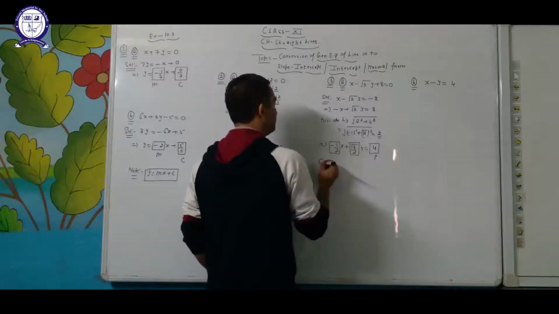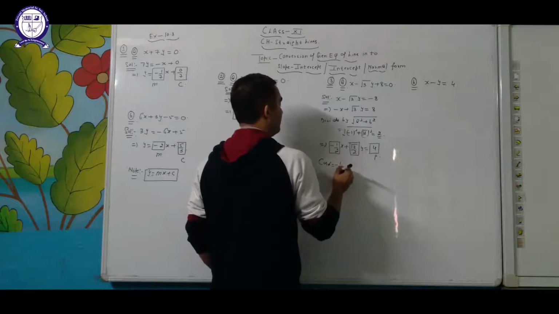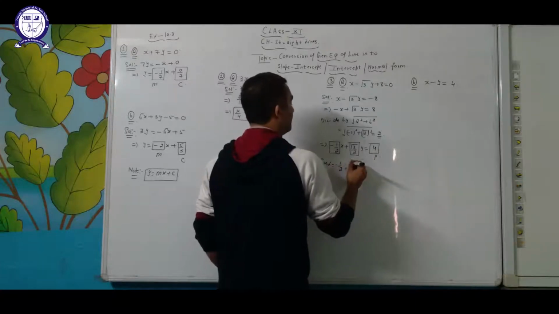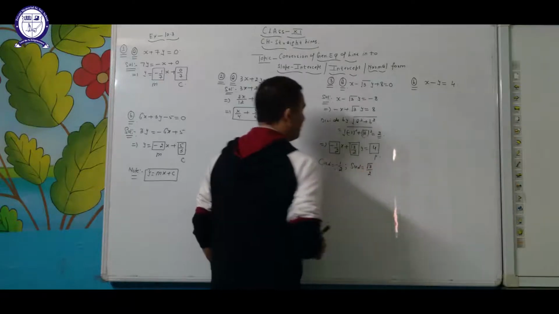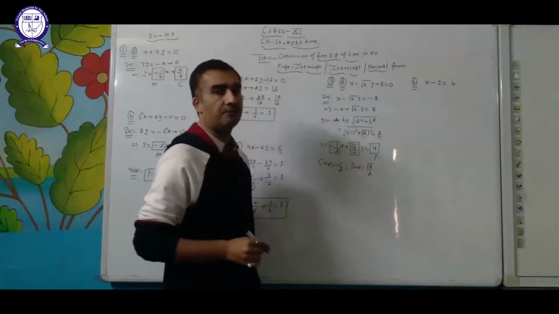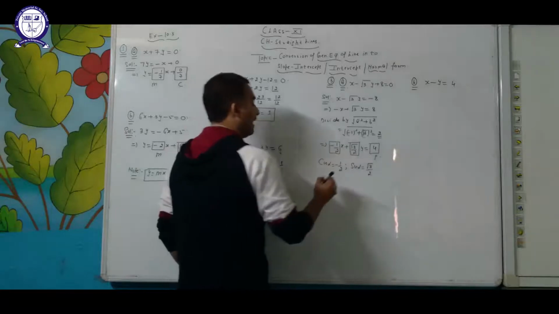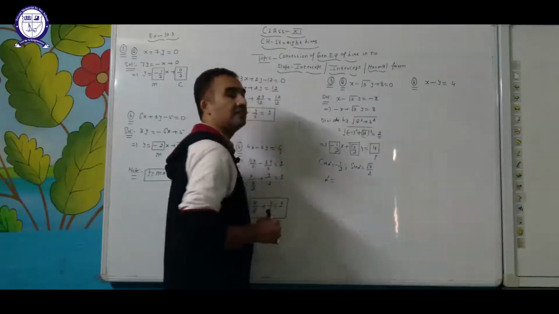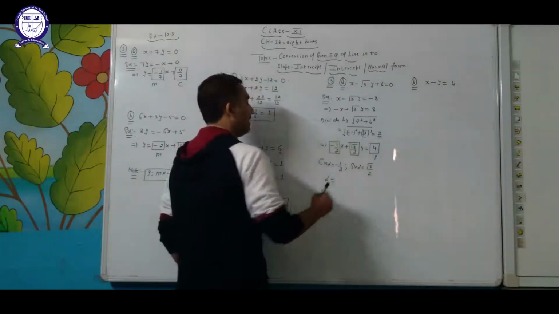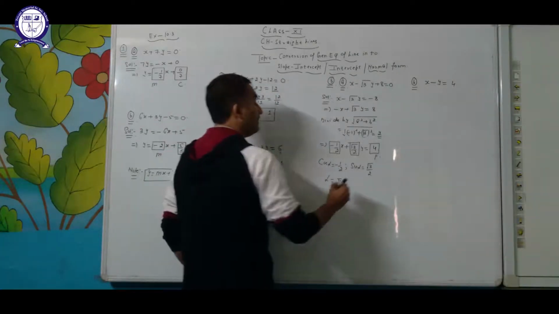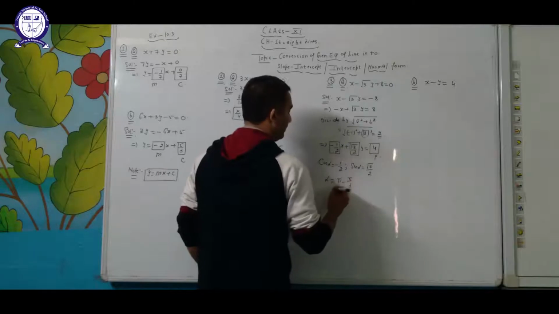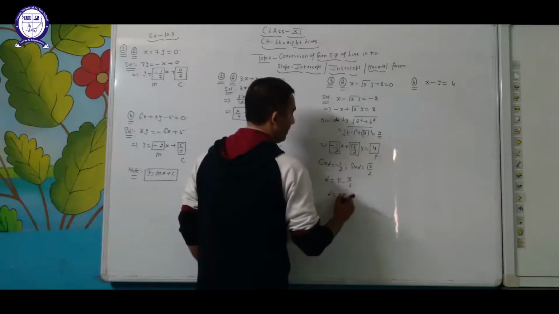That means cos alpha is equal to minus 1 by 2, sin alpha is equal to root 3 by 2. As you can see, cos is negative and sin is positive. That means alpha lies in the second quadrant. To lie in the second quadrant, that is pi minus, the value for 1 by 2 will be pi by 3, and alpha is equal to 2 pi by 3.